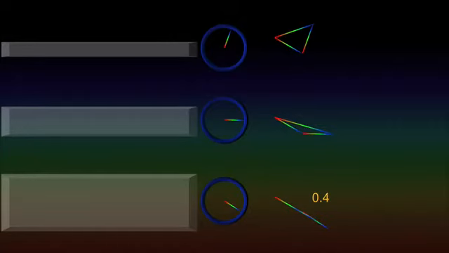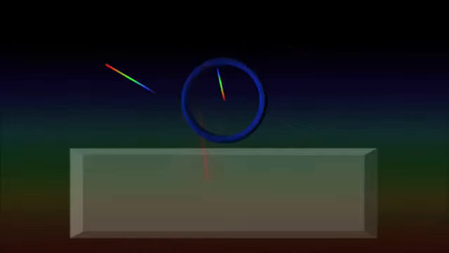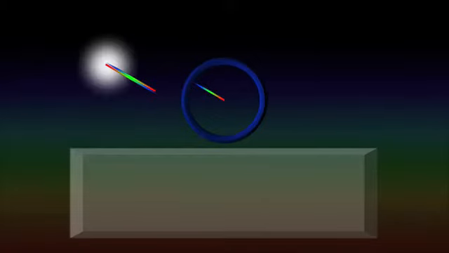And the probability of reflection is the square of this, or 16%. As the glass keeps getting thicker until the stopwatch has made a complete extra turn, the resultant arrow is back to 0, and the probability of reflection is back to 0, and the cycle starts again.